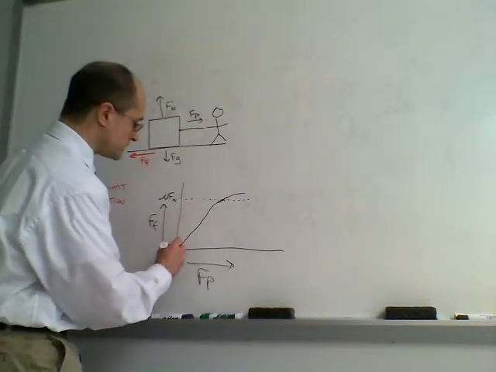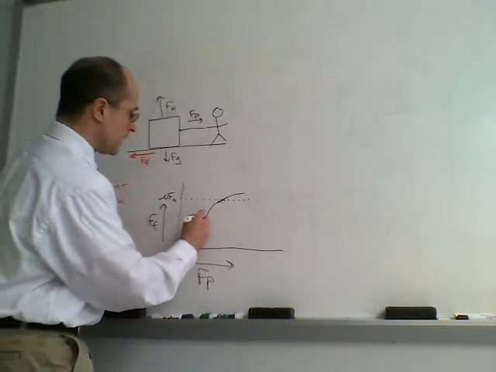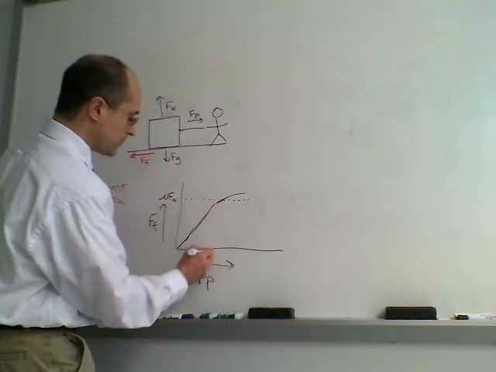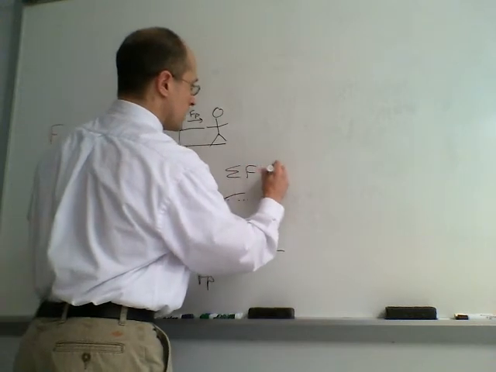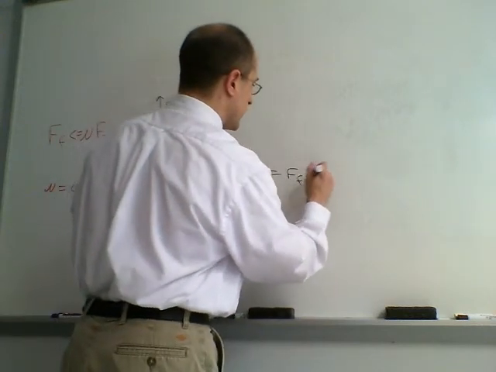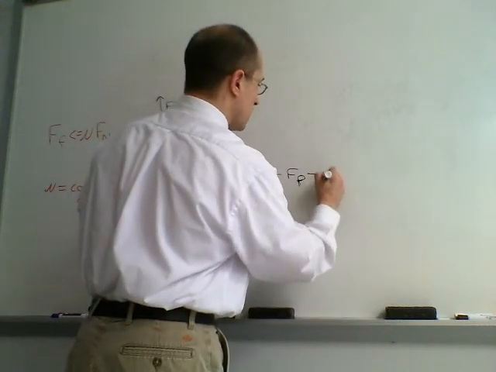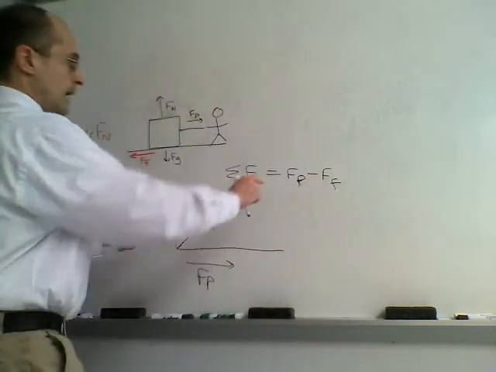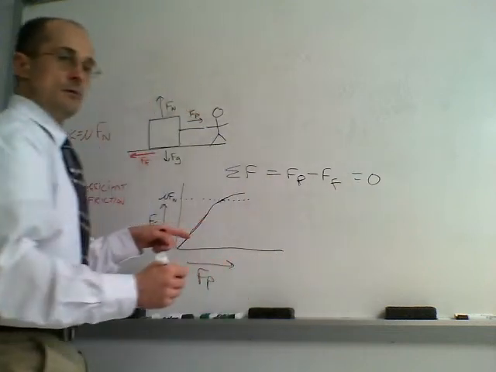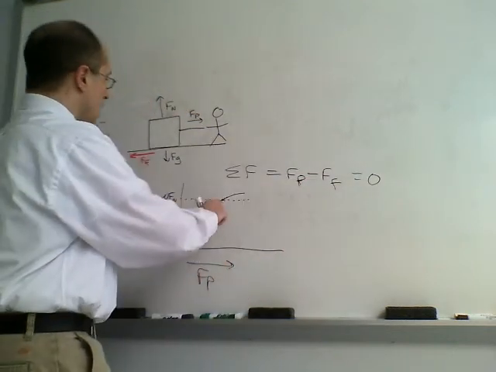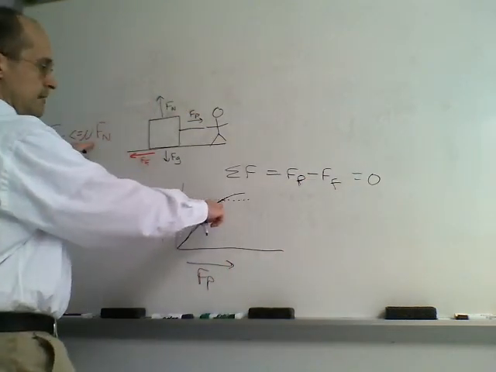Up until your force matches it, the friction will match you point for point. So when you think of summing your forces, you have the force of your pull minus the force of friction, which will match you to maintain zero and keep you in equilibrium up until the value of mu Fn.